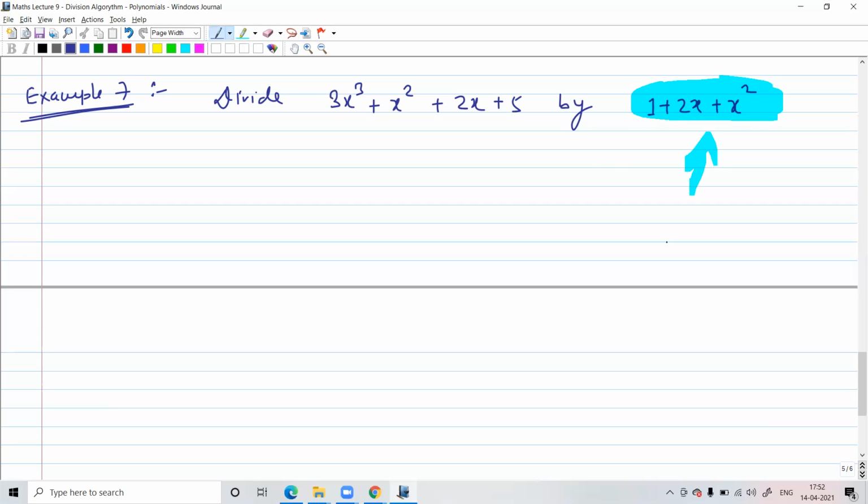You should write this divisor as x squared plus 2x plus 1. This is the correct order, in decreasing order of power: power 2, power 1, and power 0. So you have to do a division of this with this first as a first step. That is what you were asking, right?